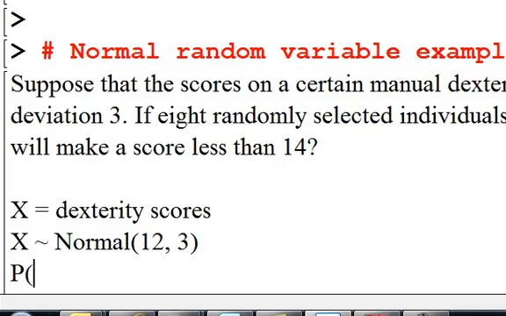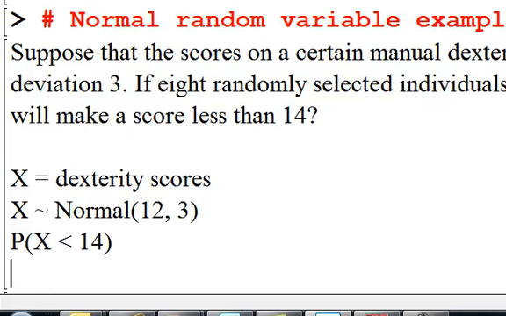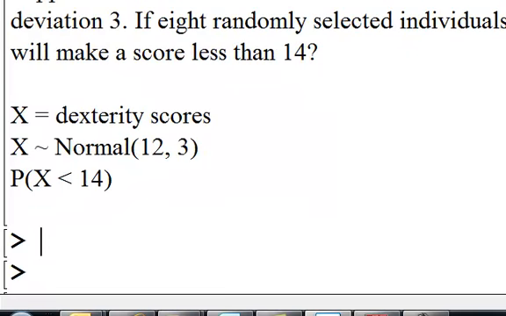And what's the probability that no one will score less than 14? That's a different random variable, but for now let's just figure out the probability somebody gets a score less than 14. Then we'll worry about the probability none of 8 people get a score less than 14. But right now we'll just do this.